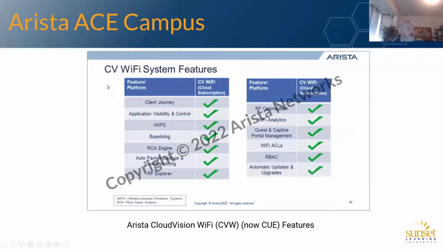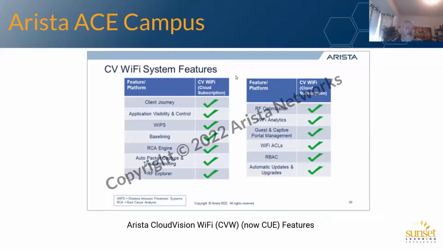Right? Then we talk about good old CV Wi-Fi, CloudVision Wi-Fi. And this is the management and automation platform for your access points, for your wireless clients, for your applications that are going across Wi-Fi.